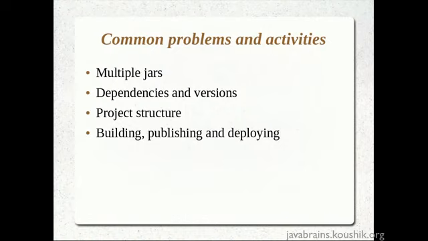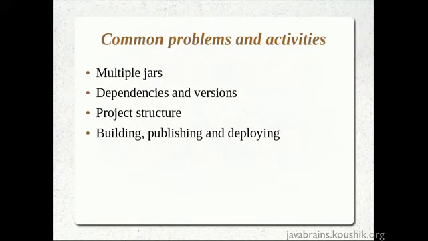So these are four of the common activities, and some of them are actually problems here that we face when we are writing code and we want to build and publish them. So Maven helps us in these four activities, and it has a very elegant solution for each of them. So we'll have a look at how Maven helps us.